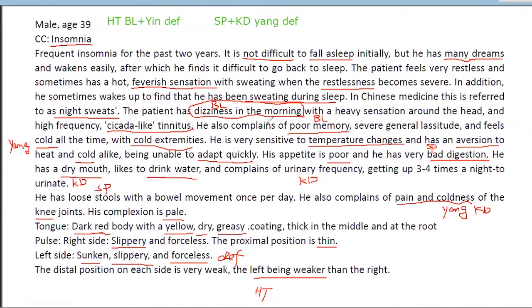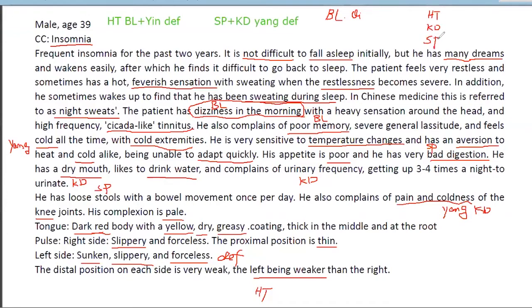So when we make an organ diagnosis, we combine it with the qi, blood, body fluid diagnosis. We say qi, blood and maybe body fluid, and the organ part, certainly this organ we have heart, kidney here, and spleen here.